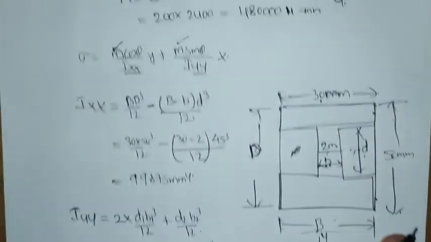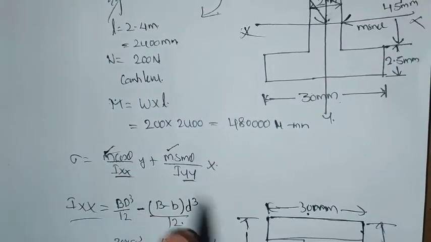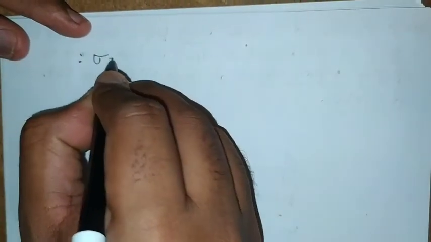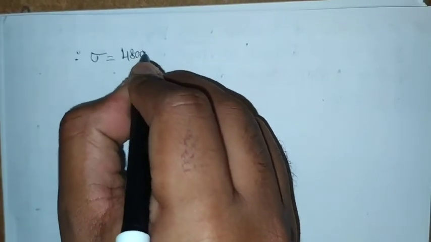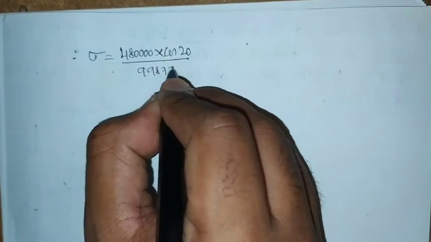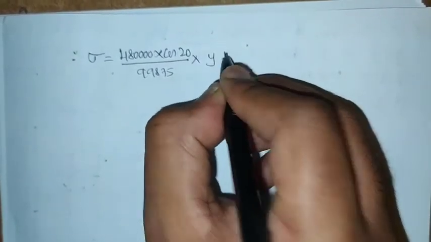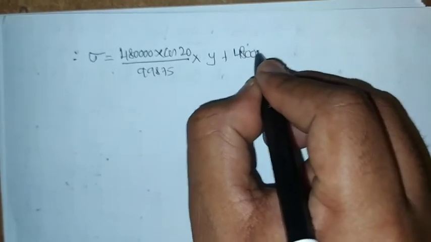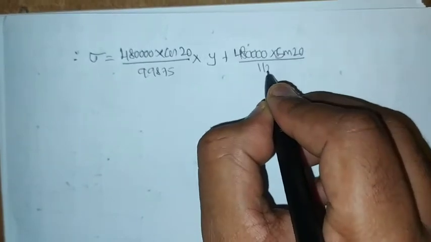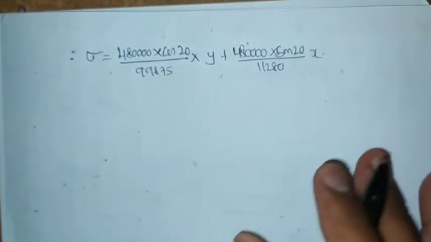So from this, the Ixx, Iyy and the M value we have calculated, just by substituting here we will get the required stresses. So next we will substitute that. Therefore sigma is equal to the M value, here it has come as 4,80,000 into cos of the angle, he has given as 20 degrees, divided by 99875 into y plus 4,80,000 into sin 20 by Iyy value 1280 into x.